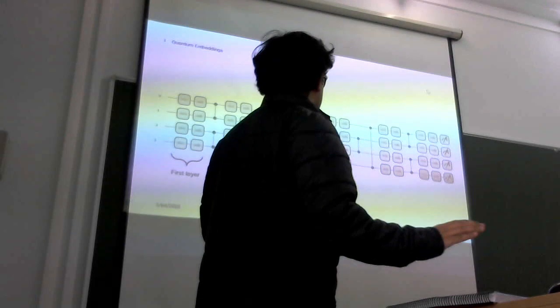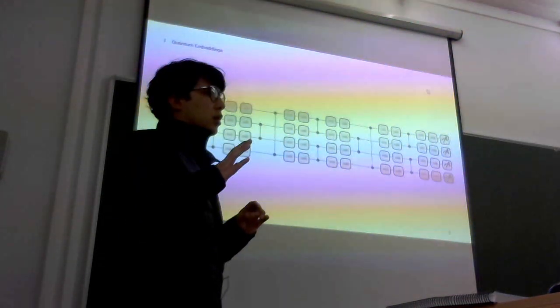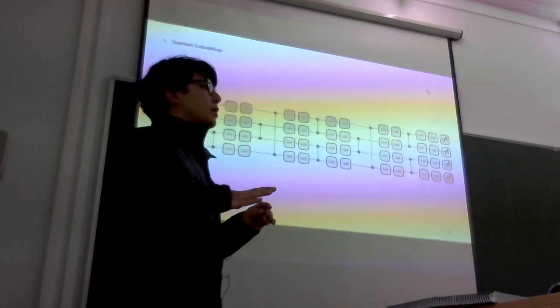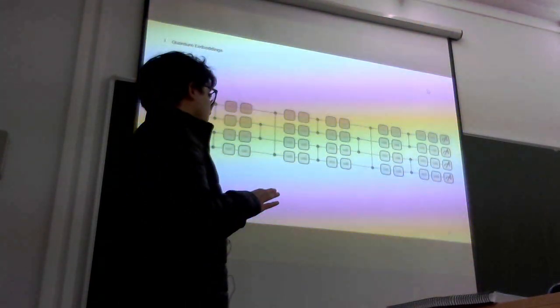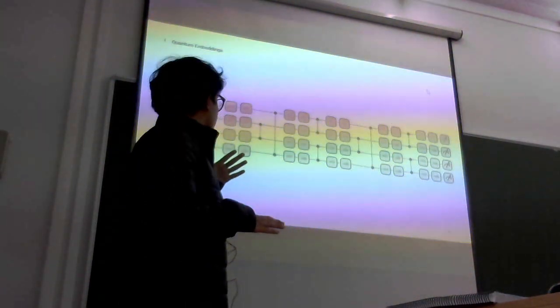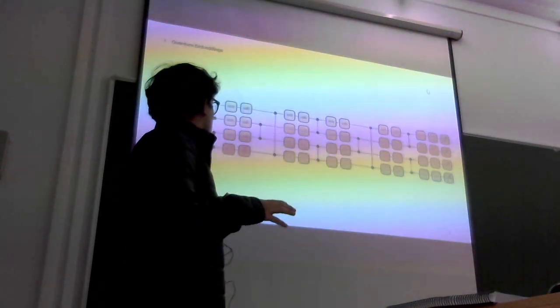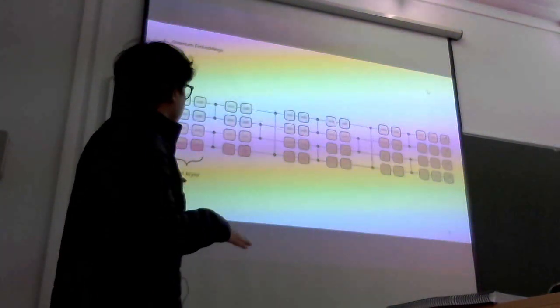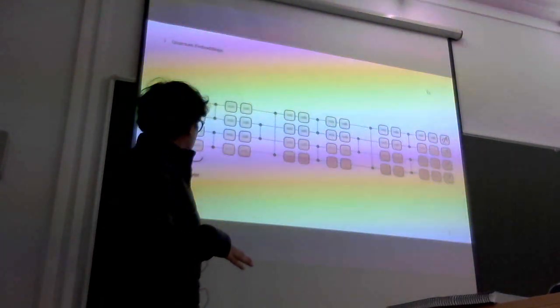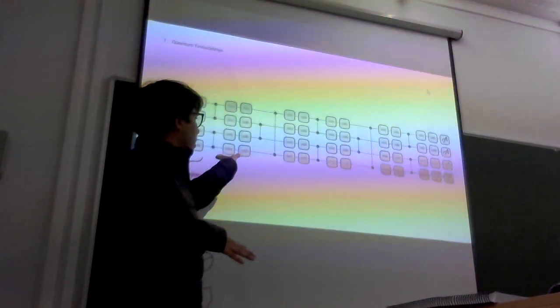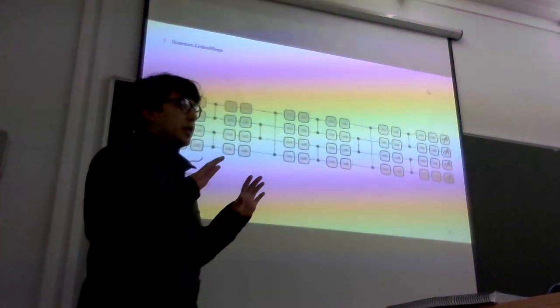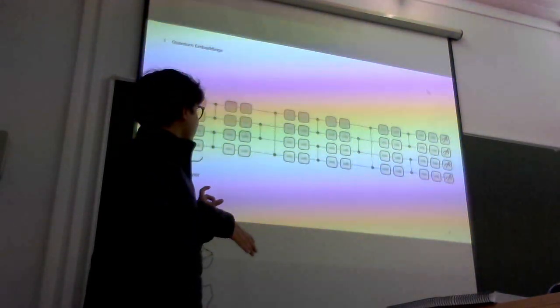For example, this is a 4-qubit quantum circuit, and this is just the ansatz of the embedding. As you can see, there will be a layer, a second layer, a third layer, and n layers that I will set for the circuit.